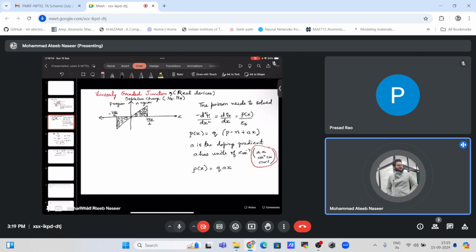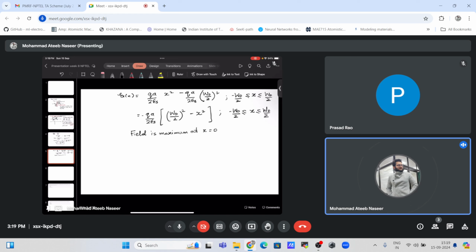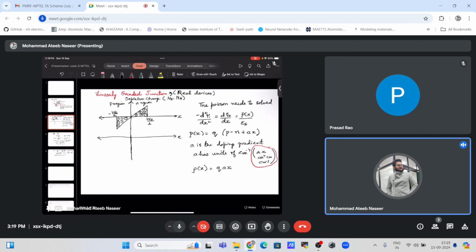If this is my x, this is my field, and this is my interface, and this is x equal to 0, where the field will be maximum according to this relation. The field will be 0 at minus Wd by 2 and Wd by 2. So we can clearly see that the electric field profile will look like this, with this being the maximum value.